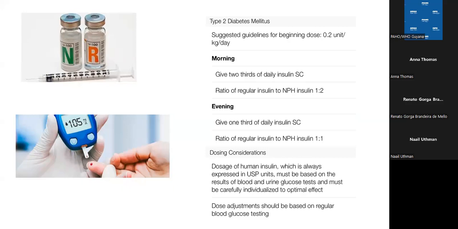If you choose to prescribe regular insulin with NPH insulin, prescribe a ratio of regular to NPH insulin of 1:2.